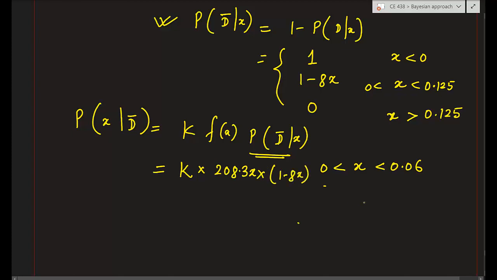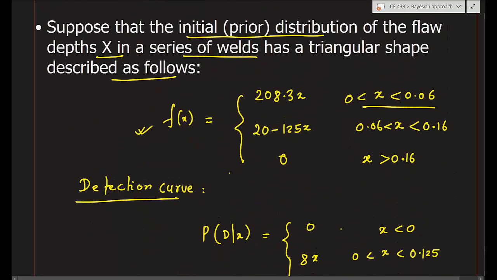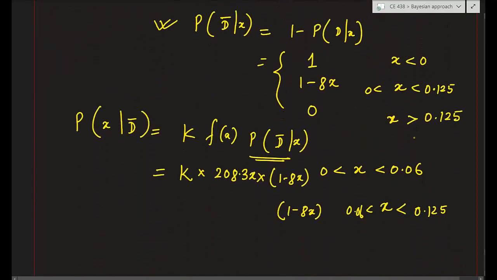So this is the second term I will have, when my x lies between 0.06 and 0.125. This term will remain the same, 1 minus ax, and for 0.06 to 0.125 that is 20 minus 125x.